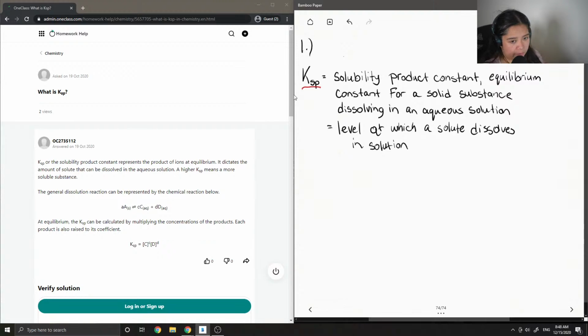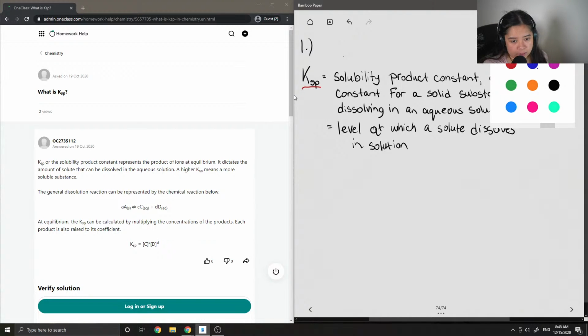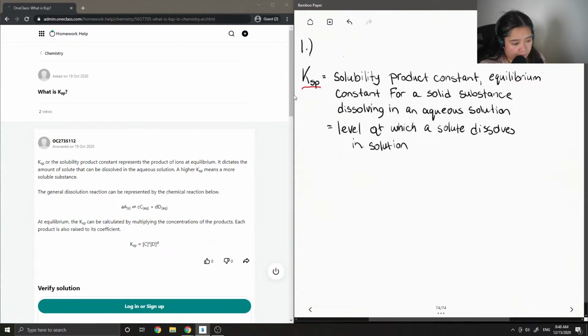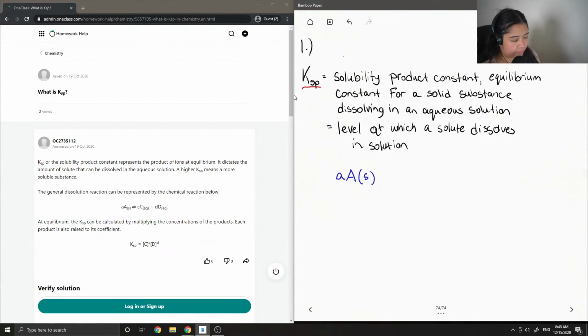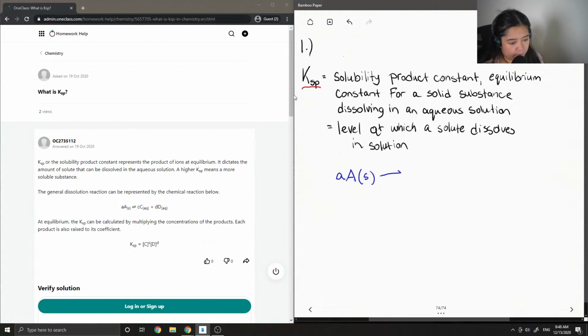Okay, so let me just write out a general chemical reaction involving a solid, let's call it compound or element A. And when it dissolves, it forms B plus C.